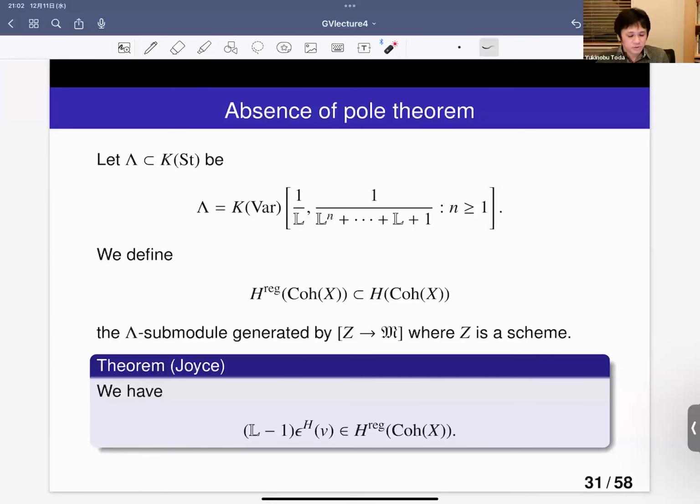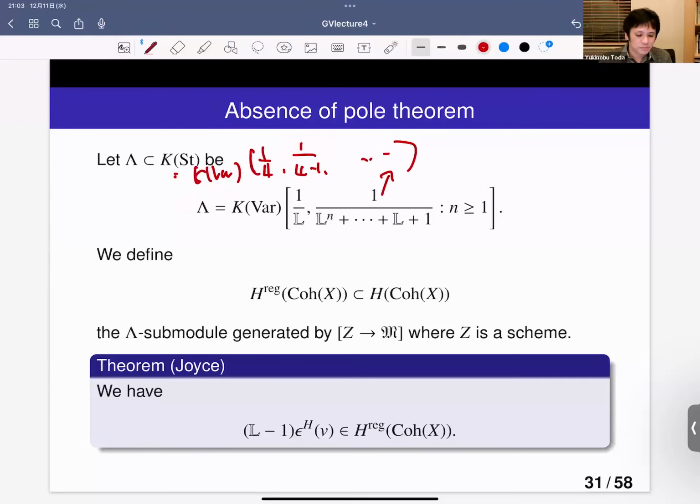So the point is, let Lambda be the subspace given this way. Recall that the Grothendieck group of stacks is given by the K of varieties, with 1 over L, 1 over L^m minus 1, and also this part. And this is the subspace which is generated by this one without this one. As I said, this part is the only part which gives an obstruction to defining Euler numbers.